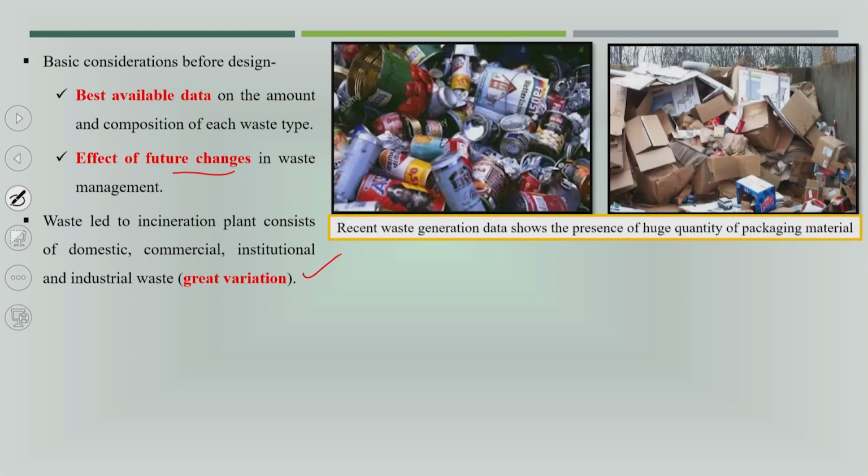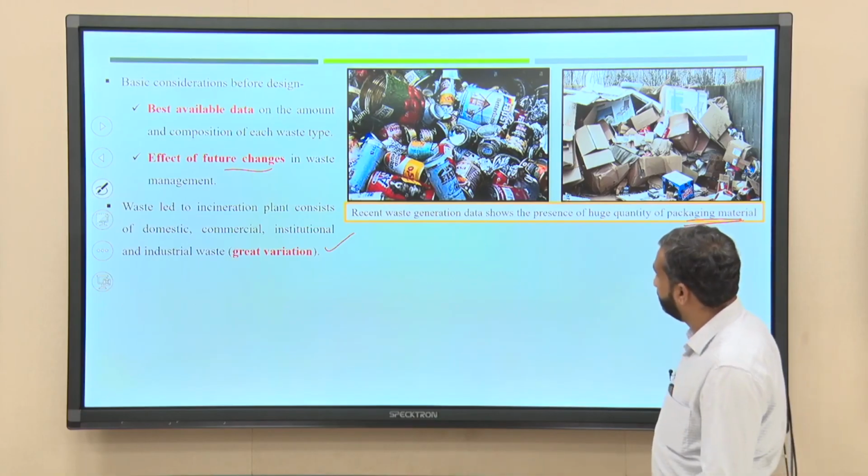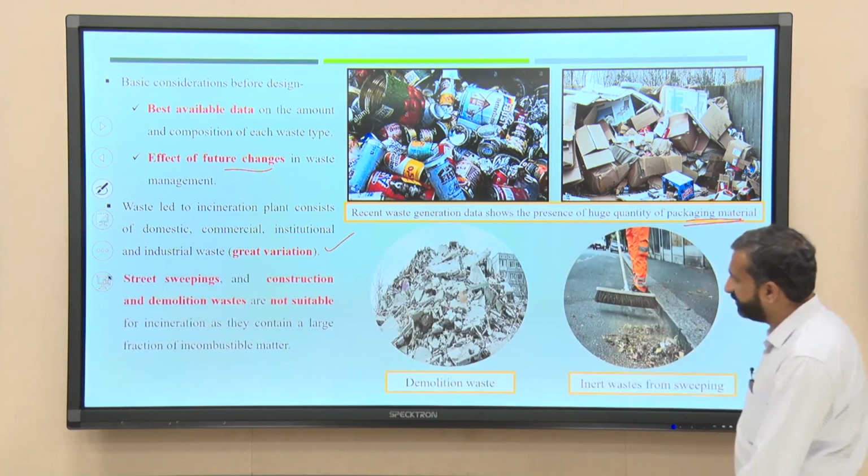So, here you can see that the recent waste generation data shows the presence of a huge quantity of packaging material. I think we talked about this in many lectures. A huge amount of packaging material is also being produced in India.